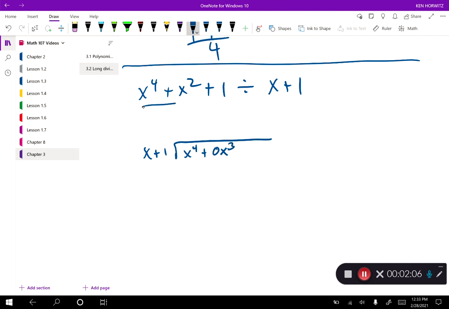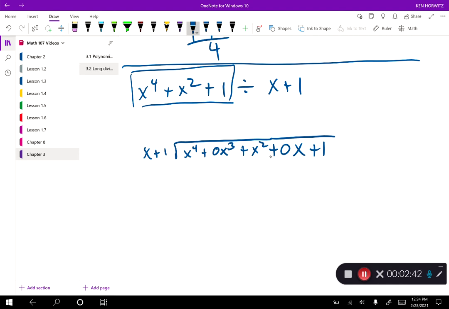It doesn't change what we have here, but it will allow my columns to line up right, and sometimes having the columns line up really helps. So then plus x squared plus 0x, plus 1. I have all the powers of x in descending order, and I think this is going to make things a lot easier.